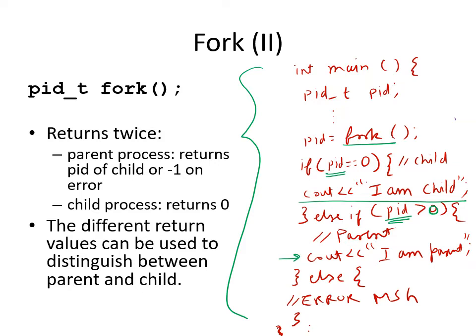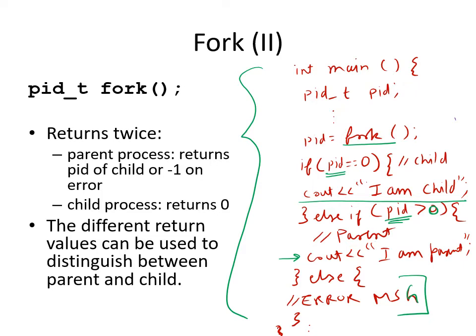Also, in case the fork system call fails, then it returns a negative value, right? So that is what this last else is. So if there was an error, for some reason, let's say the fork system call fails to create the child process, then it will return a negative value for this PID that we can use to detect the error and print some error message and maybe terminate the program.